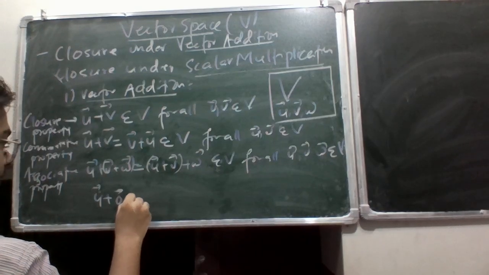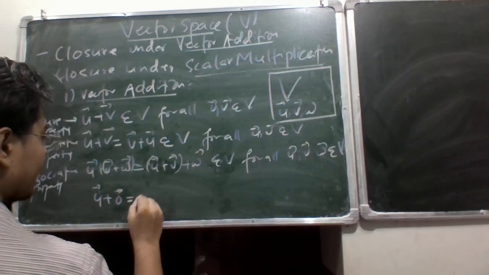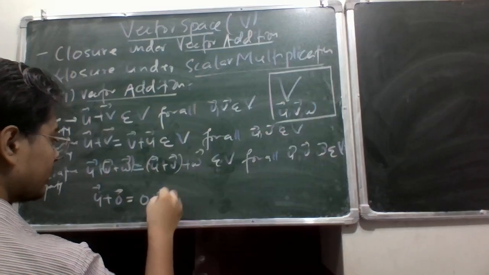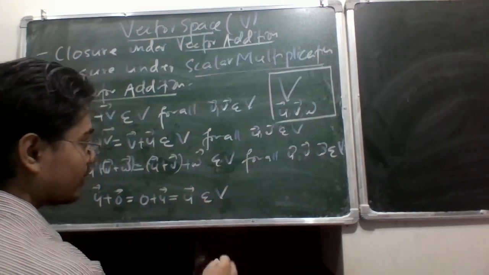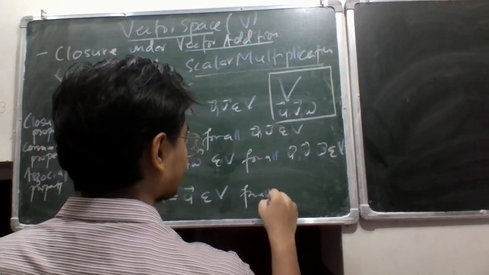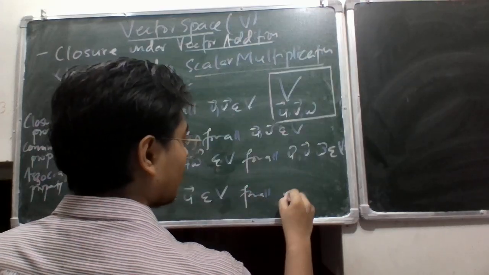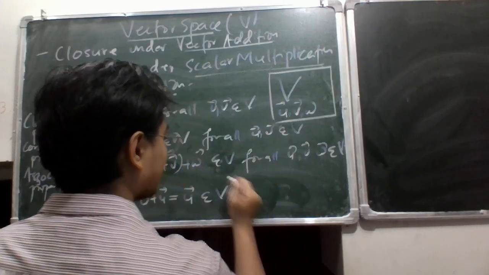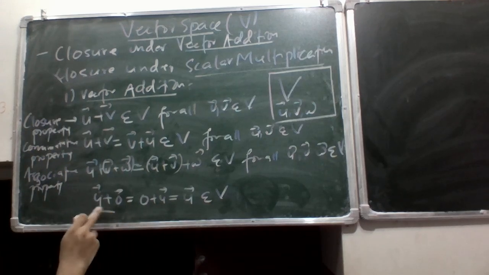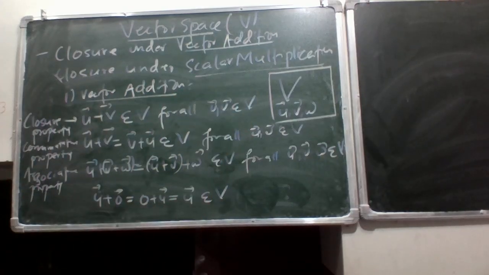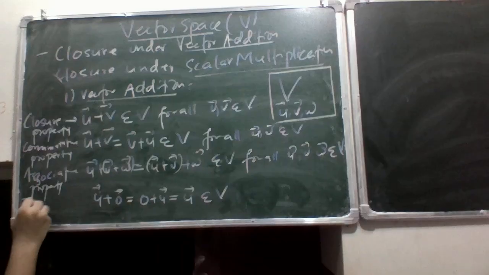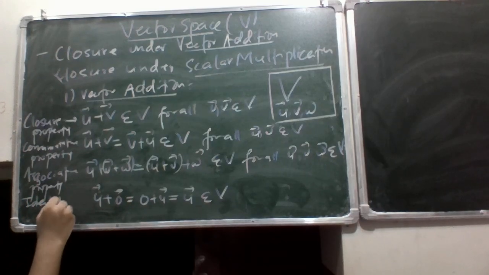If we add these two vectors, then again we know that this is equal to u, and since u already belongs to V, that means u plus O, or u plus a zero vector, also belongs to that vector space, and this is called identity property.